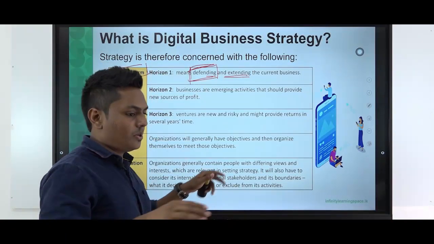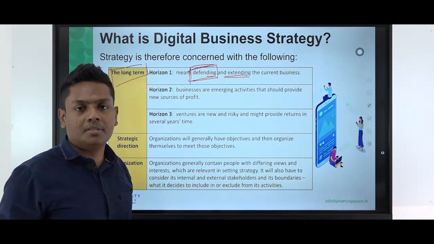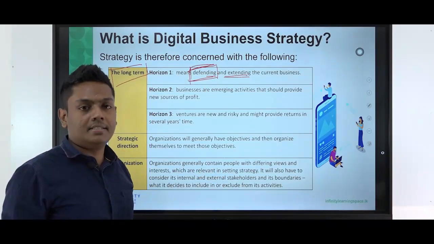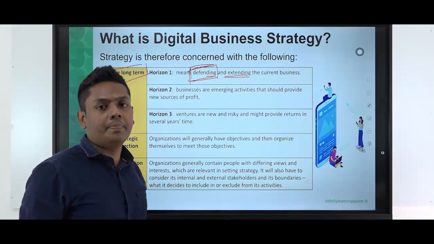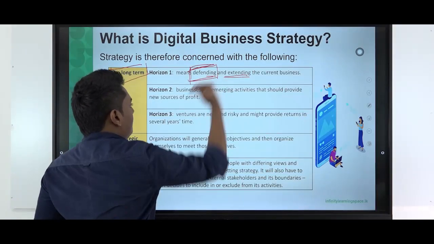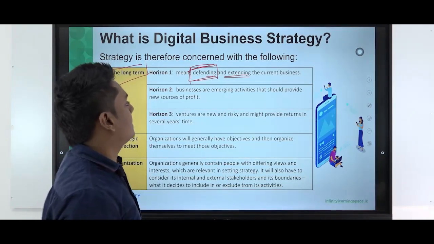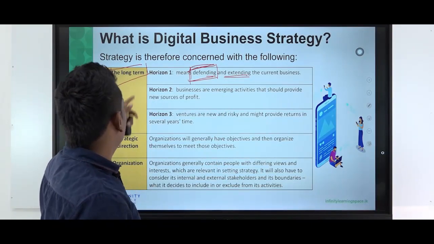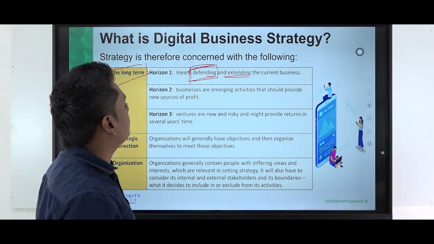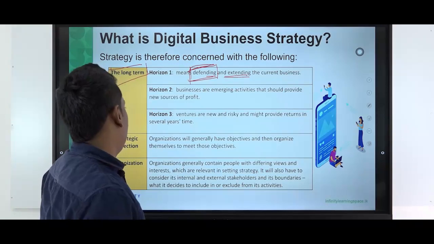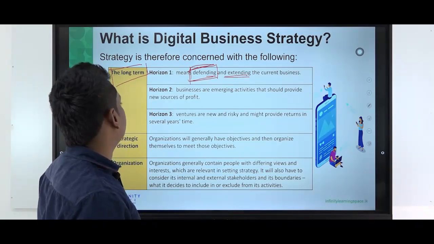So you have to protect the existing environment, the existing practices, existing motivation, and everything about the organization. And likewise, you are extending the current businesses. Then horizon 2: businesses are emerging activities that should provide new sources of profit.